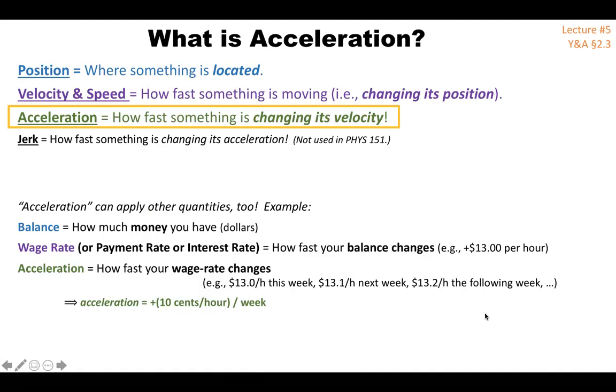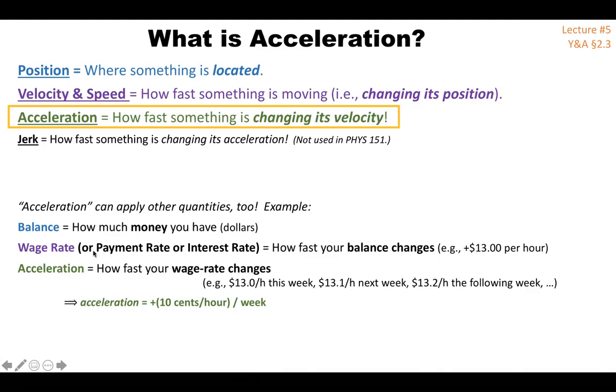Okay, this is just one quick little reflection on the fact that this is a repeat from earlier about the definition of acceleration. And this is a reflection on the fact that acceleration can apply to other quantities as well. So, for example, we often hear about the rate at which an amount of money changes as being an interest rate if you're earning interest, or if you're gradually being assessed a fee at a certain rate, right?